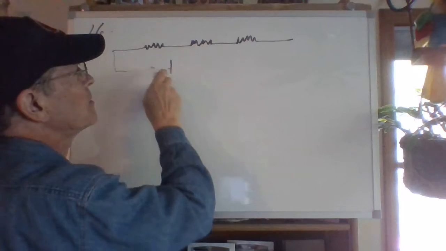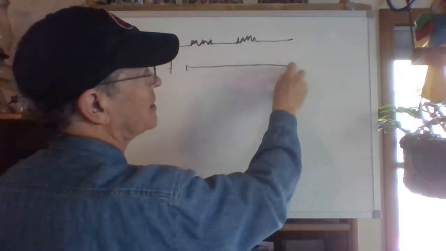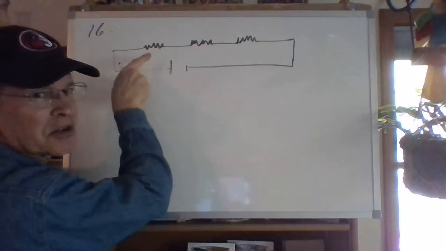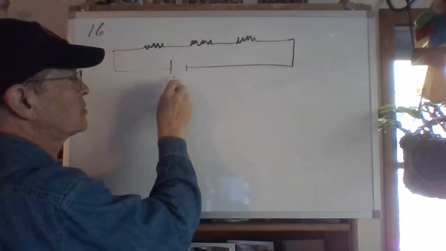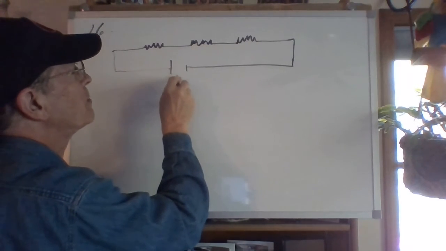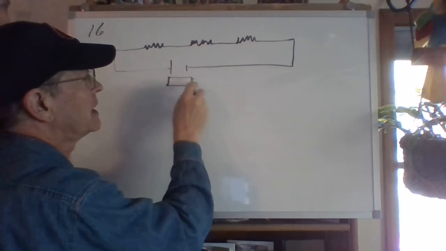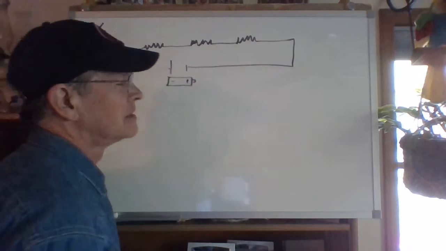We usually draw a big line and a small line to represent a source of potential difference. You see, potential difference, big, small. Very likely this could be the positive end of a battery and the negative end of a battery or something, right? Little knob there, plus, minus.